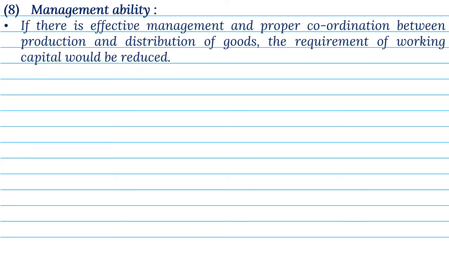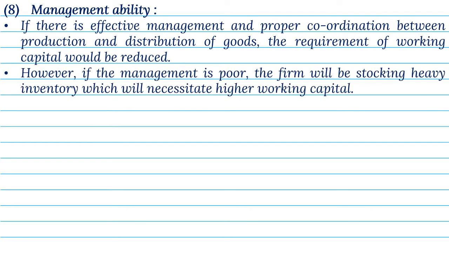8. Management ability. If there is effective management and proper coordination between production and distribution of goods, the requirement of working capital would be reduced. However, if the management is poor, the firm will be stocking heavy inventory, which will necessitate higher working capital. 9.